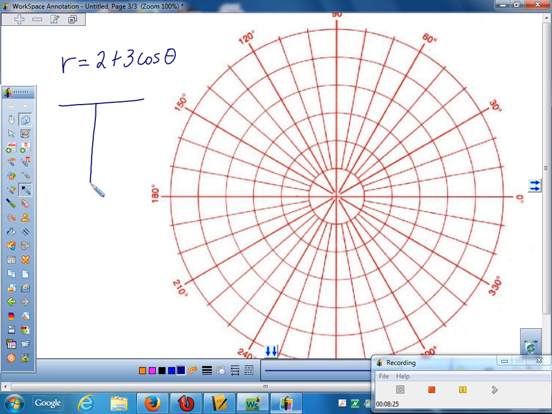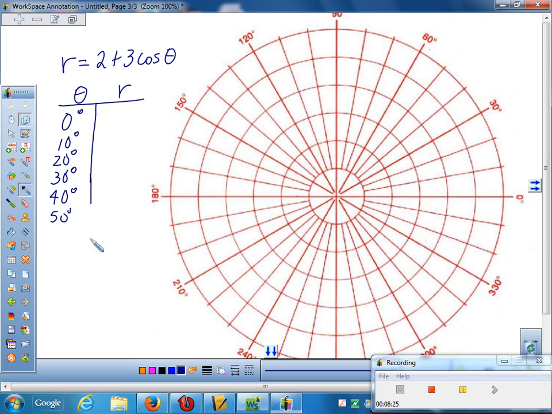Which one's on which side? Are you going to want to pick the angle and find the radius, or are you going to want to pick the radius and find the angle? Yeah, you want to pick the angle, fill in the angle, and that'll tell you the radius. Okay, and in our case, since our graph paper is nice every 10 degrees, it'll let us plot that fairly easily.